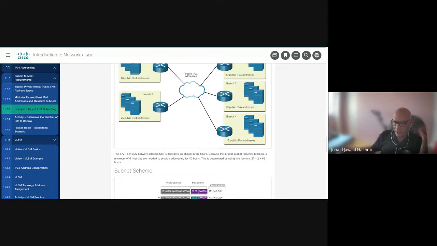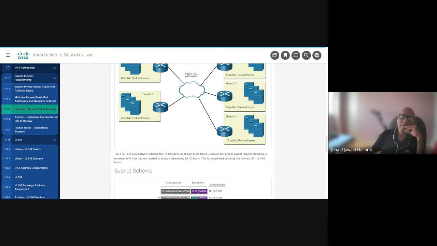If you take 8 bits to subnet, what do we get? Sorry, 2 to the power of 8. We take 8 bits from the class B network, we get 256 networks.